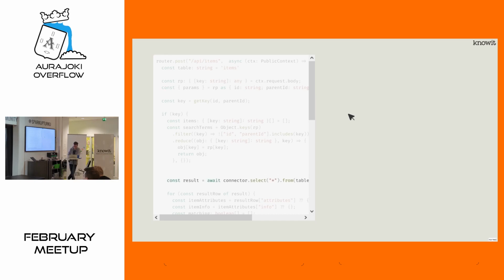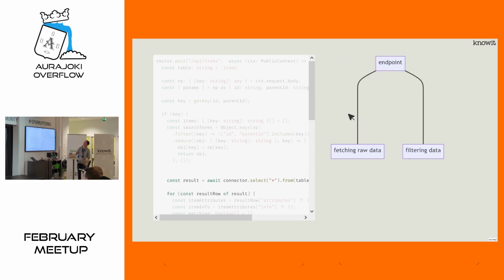That would be represented by these two layers: we want to fetch the raw data and then filter that data. And these are things that happen on the same layer. Fetching the data and filtering the data, you have the same kind of mental neighborhood, so to say, on the same layer.